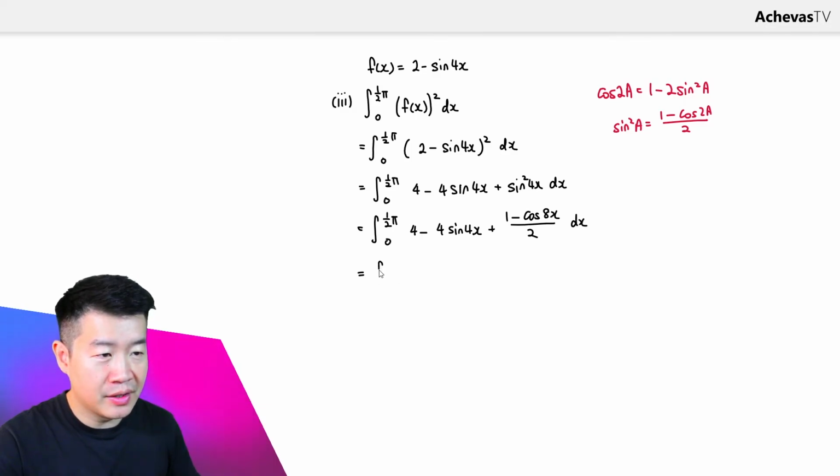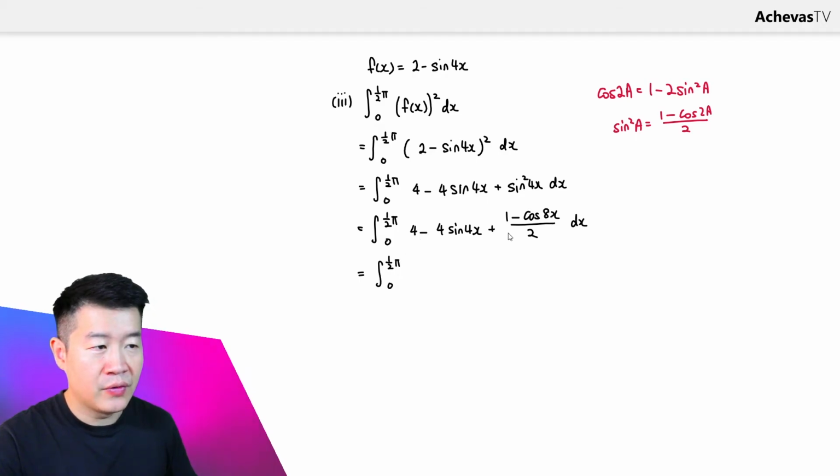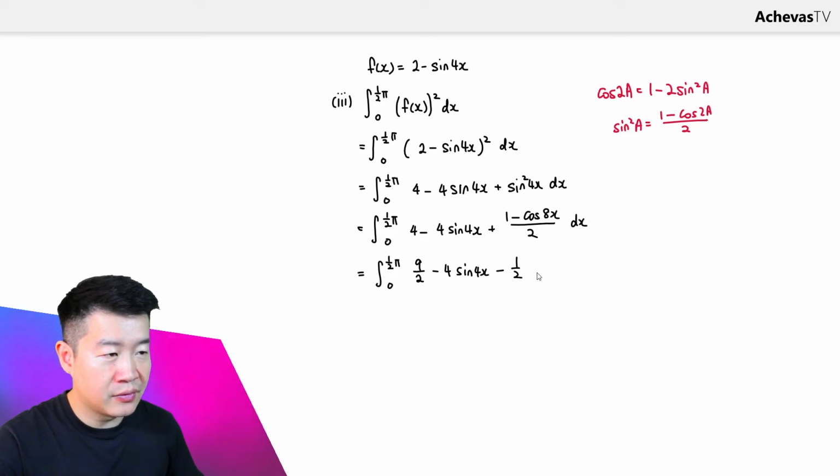We can simplify this. So 0 to half pi, 4 plus half is going to give us 9 over 2, minus 4 sine 4x, and minus half cosine 8x. And now we have an expression that is ready for us to be integrating.